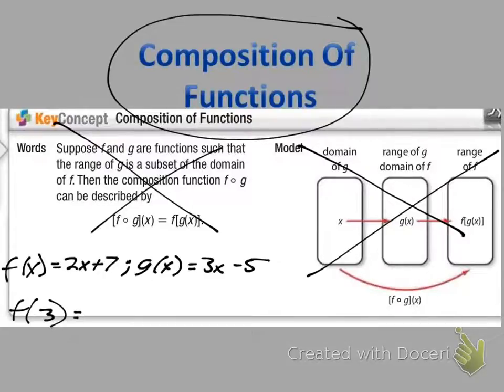Okay. f of x. Right here. Actually, hold on. Slow down. There we go. f of x equals 2x plus 7. g of x equals 3x minus 5.